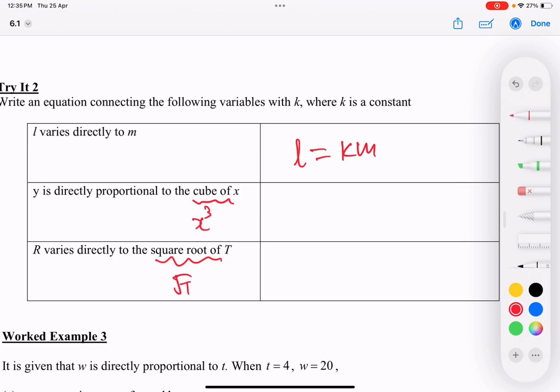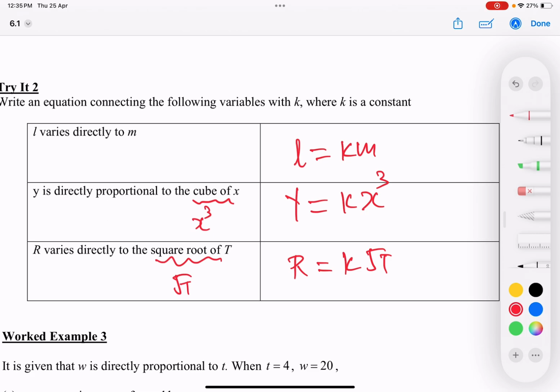Y is directly proportional to the cube of x. Y equals kx cubed. And the last one: r equals k square root t.